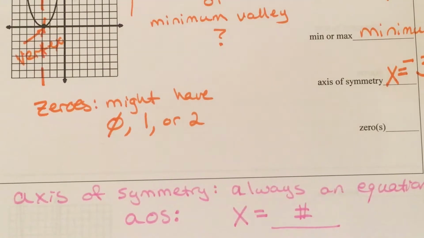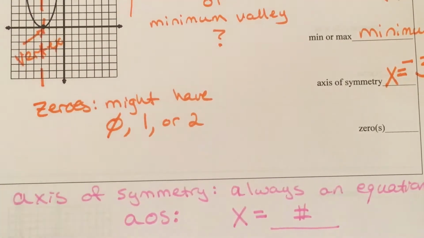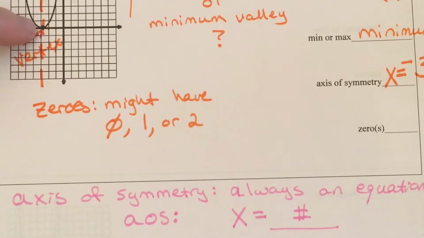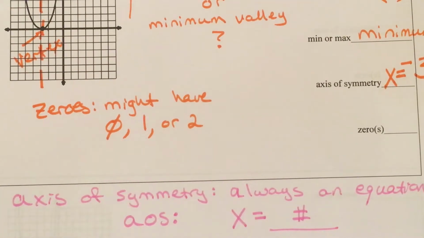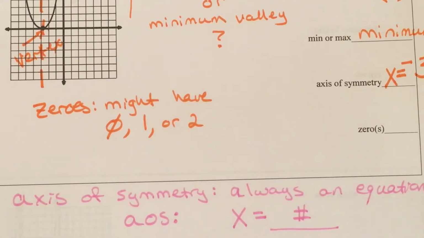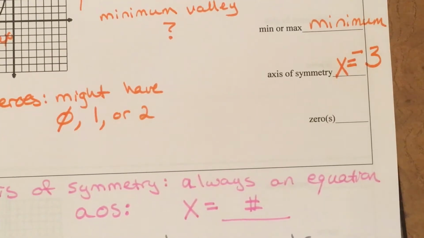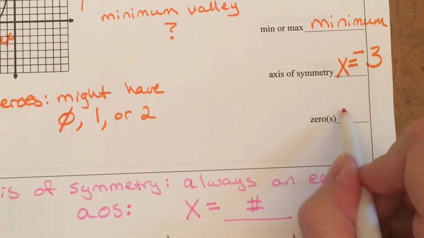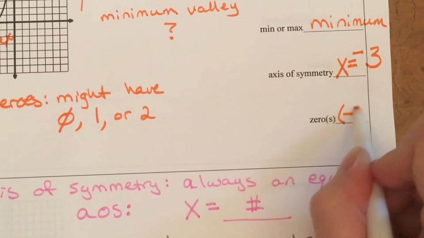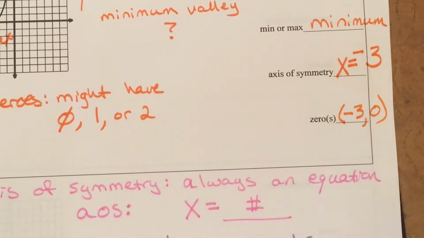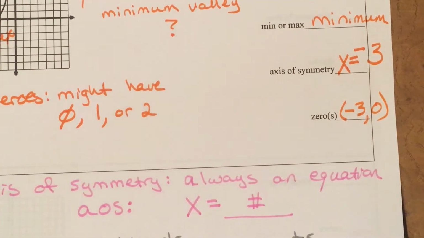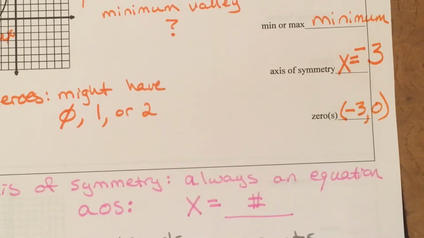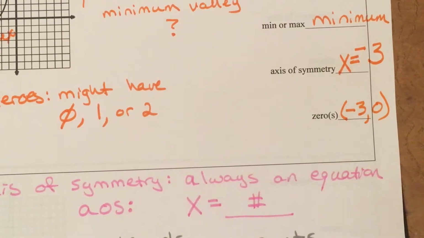This particular quadratic only has one. It only touches the x-axis at one point, and it happens to be at the same place that my vertex is. So my zero, my x-intercept, my root, my solution, is the coordinate point -3, 0. That was easy. Let's make sure we really know how to do this.